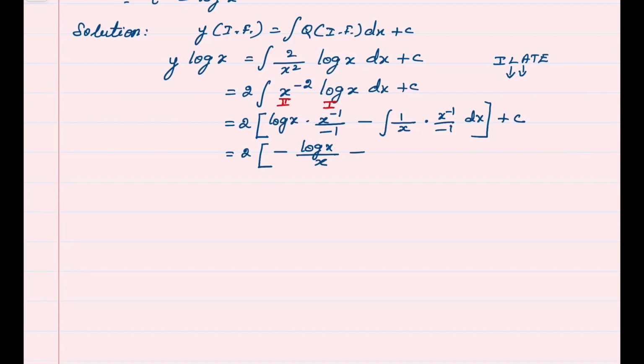Minus of minus is plus, integral x raised to minus 2 dx. 1 by x is x raised to minus 1. Already x raised to minus 1 is there in the numerator. Therefore, it becomes x raised to minus 2.